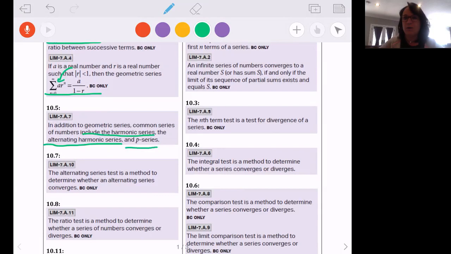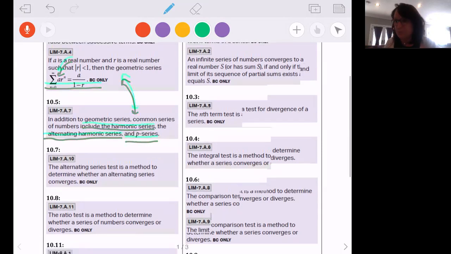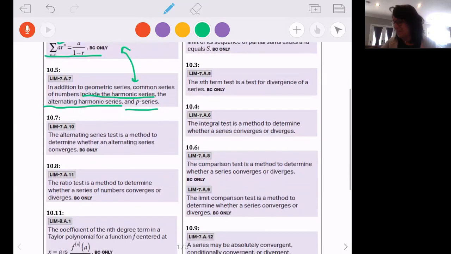We also need to know our p-series and what makes those converge or diverge. My guess is there'll be some question about find the k so that both of these converge or something. My guess is they'll be tested in kind of one lump sum with some missing, I don't know. I'm guessing. If I'm right, that'd be awesome.